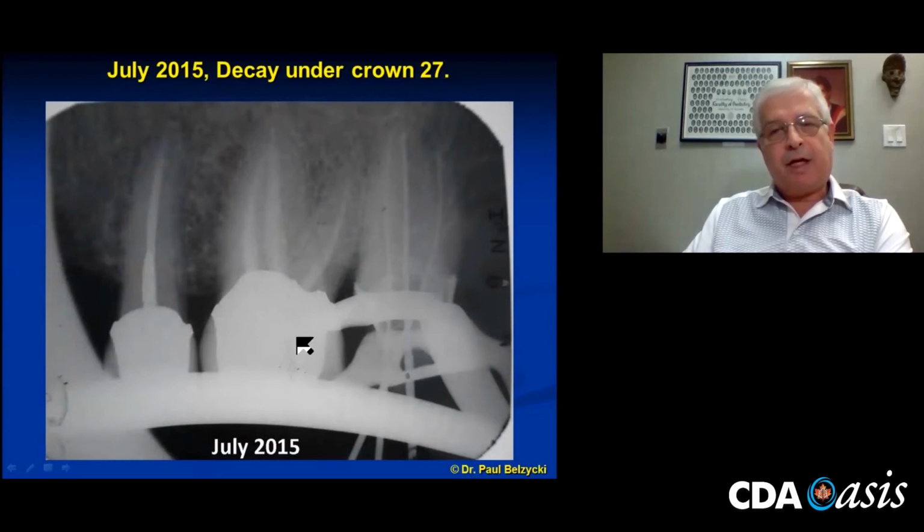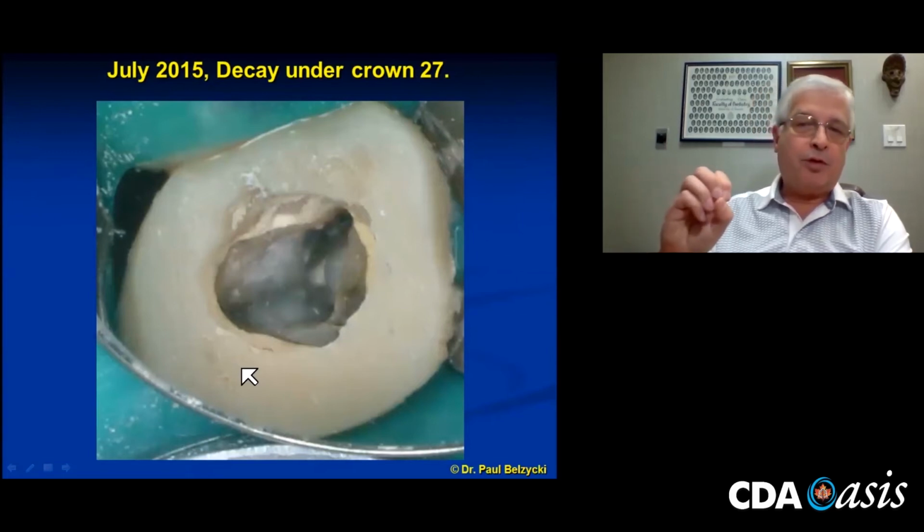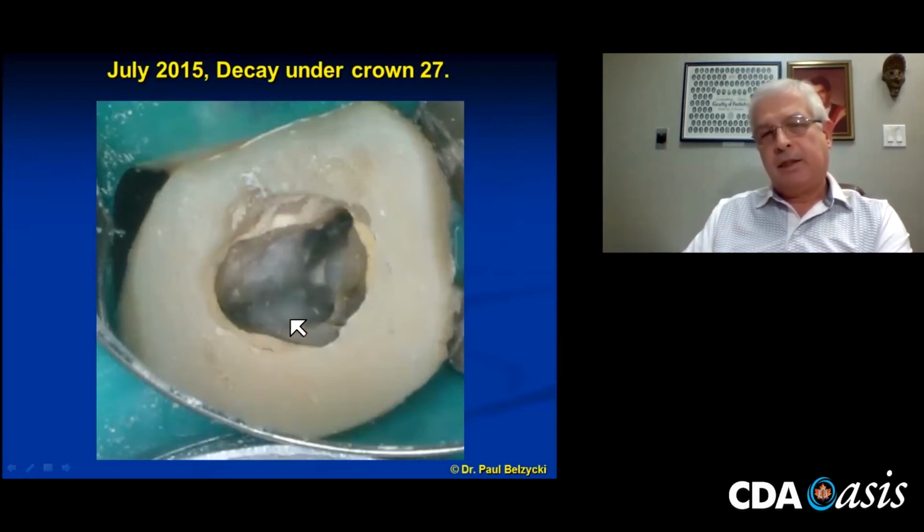So started to look at restoring these teeth, and we did have decay under a crown on the 27th. So endo had to be initiated there. The existing crown was removed, and I placed an acrylic provisional. It's nice to do it this way because light will go through. It won't be blocked out as it will with the metal substructure.